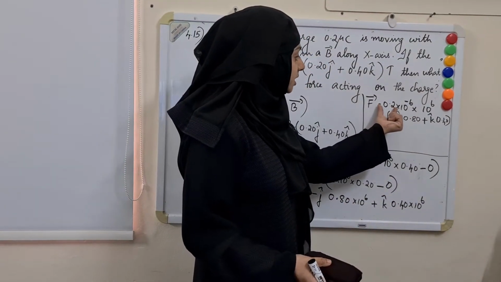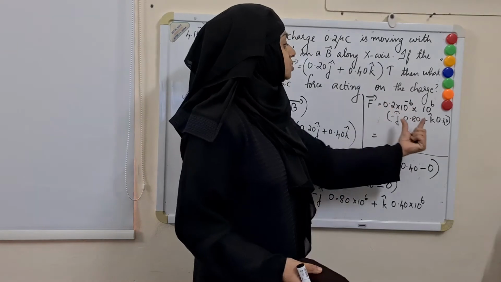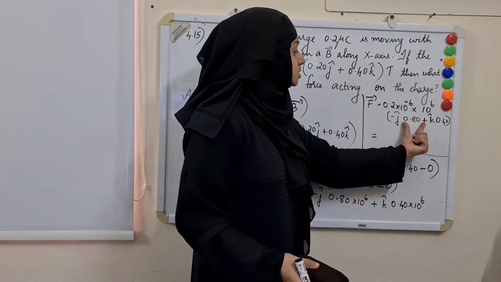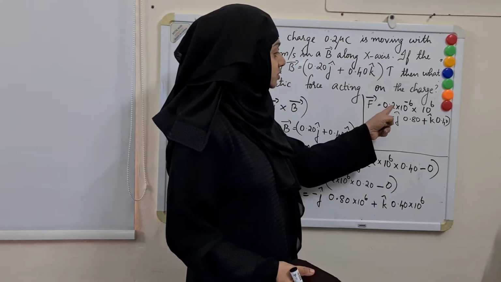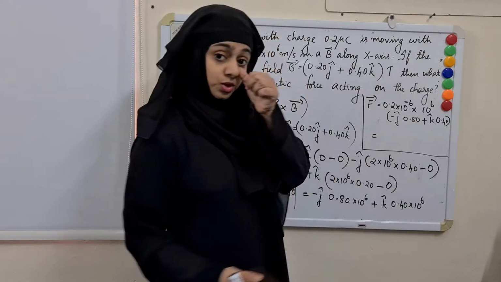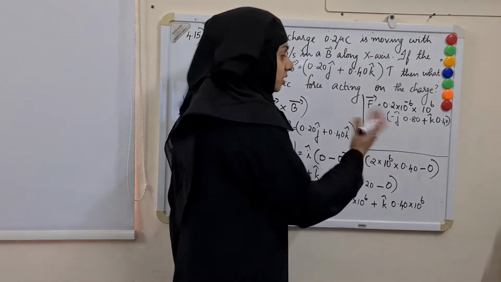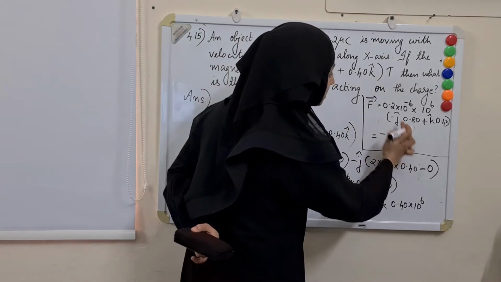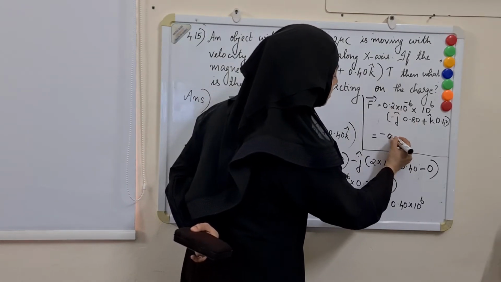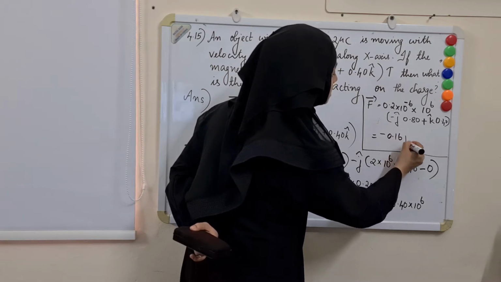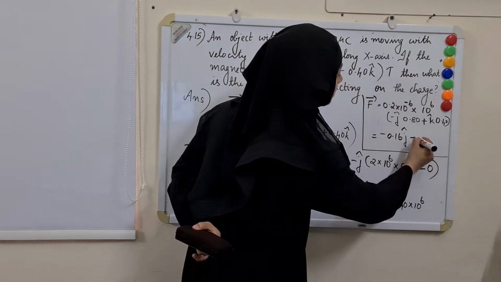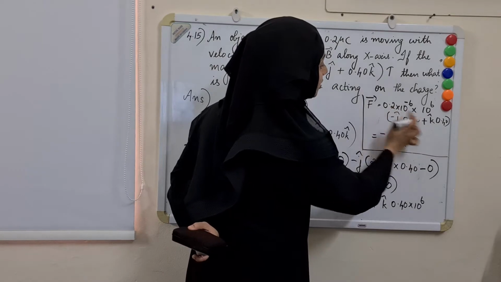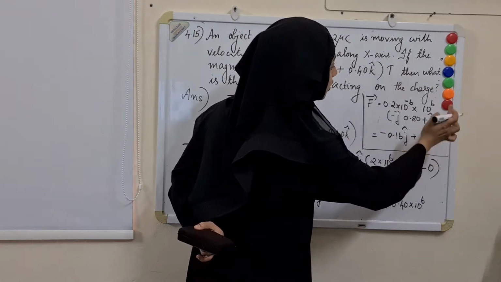So what is remaining? 0.2. So 0.2 into 0.80. So we have to multiply 2 times 8. What is it? 16. Or you can directly use the calculator, no issues. So minus, you will get 0.16 J cap plus 0.2 times 0.40.